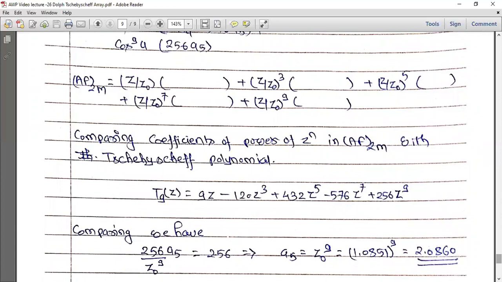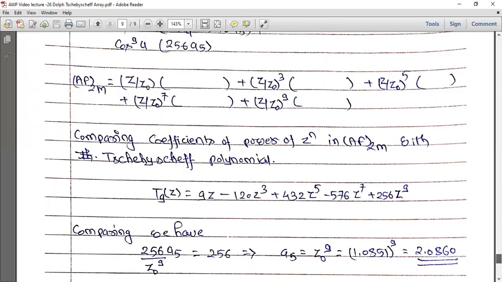Now you compare the expression for the array factor with T9(Z), as I have already told you. The T9(Z) you can find from the tables I have already designed, or using the recursion formula. So T9(Z) looks like this particular expression. Now comparing power-wise, the terms or coefficients with respect to power, you can see the coefficient of Z to the power 9 here.